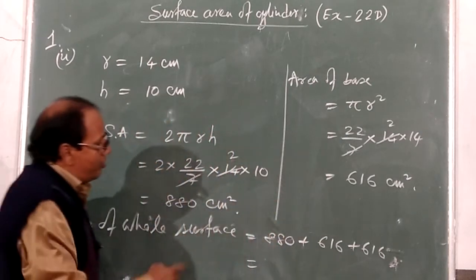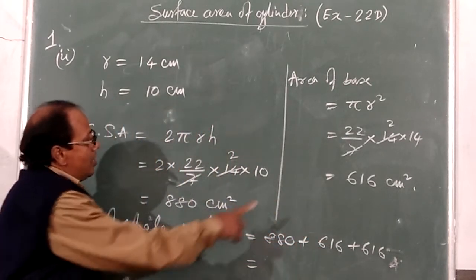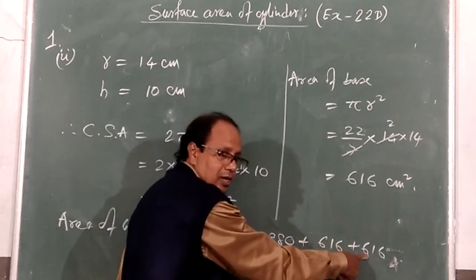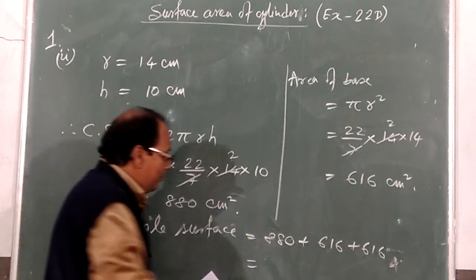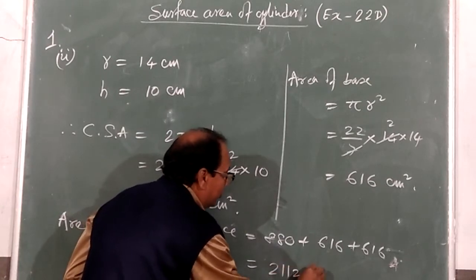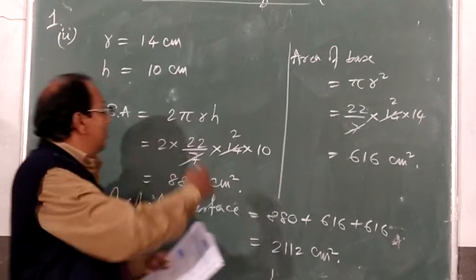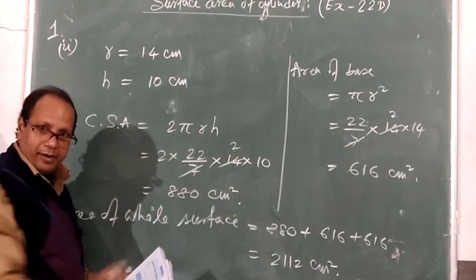Now look, why are we taking two times 616? Because this is the area of the base and the same value will come for the top also, right? So it will be 2112 centimeter square. Okay, all the questions of question number 1 you can do in the same manner, right?